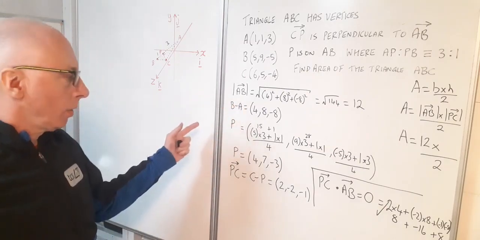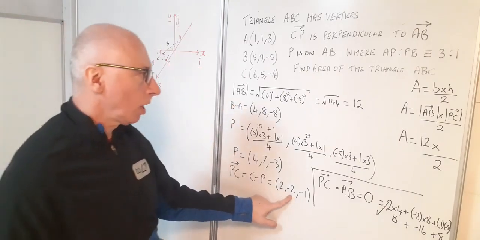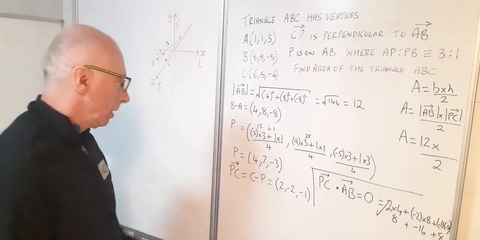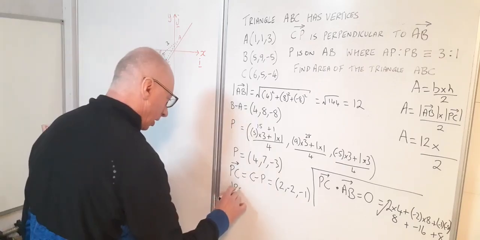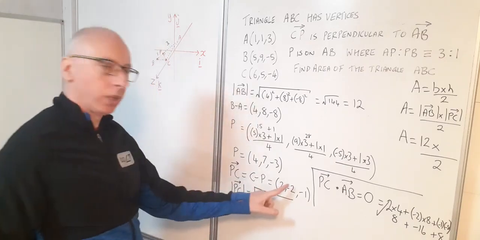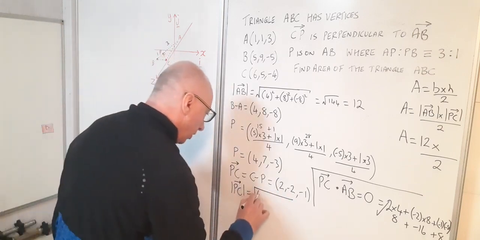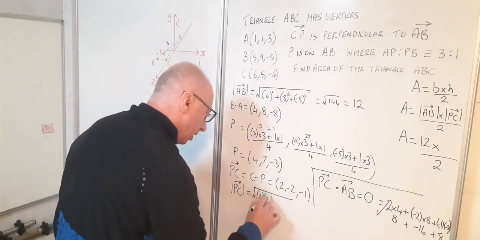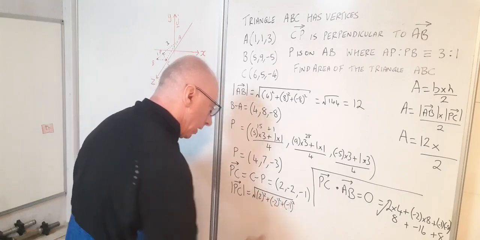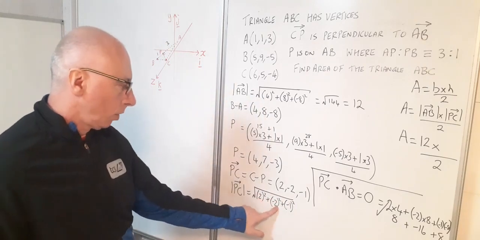So now I can work out the magnitude of PC. That equals the square root of all these squared. So I've got 2 squared plus minus 2 squared plus minus 1 squared. Well, that's 4, 4, and 1.